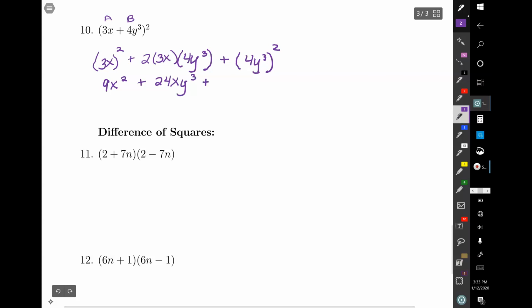Then adding the 4y cubed all squared would be 4 squared, 16, and the y cubed squared is y to the 6th power. So our final answer is 9x squared plus 24xy cubed plus 16y to the 6th. And that gives us a perfect square trinomial.